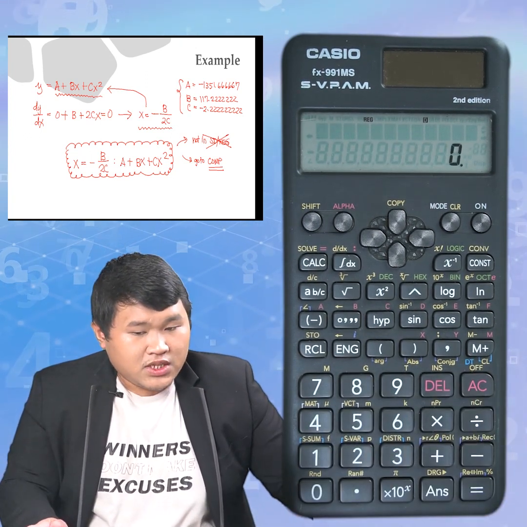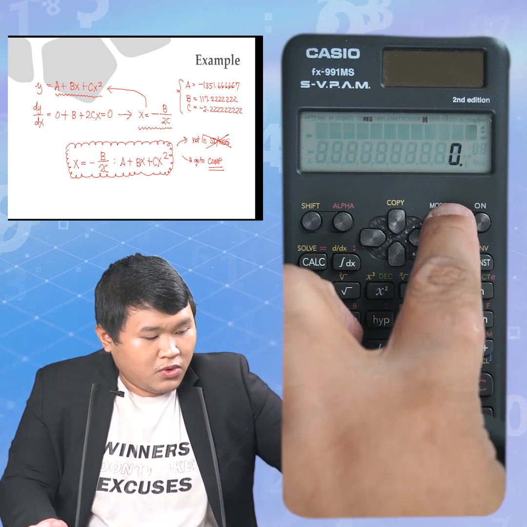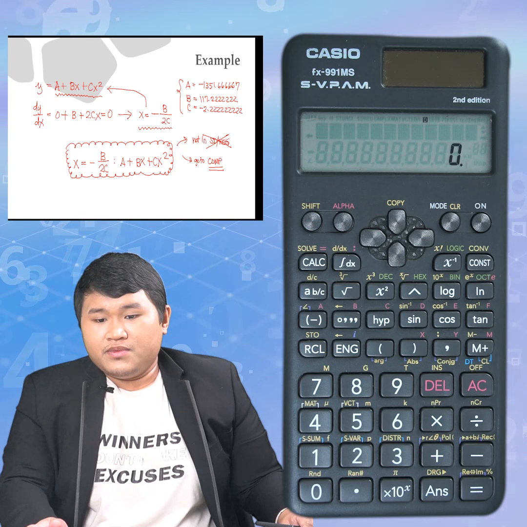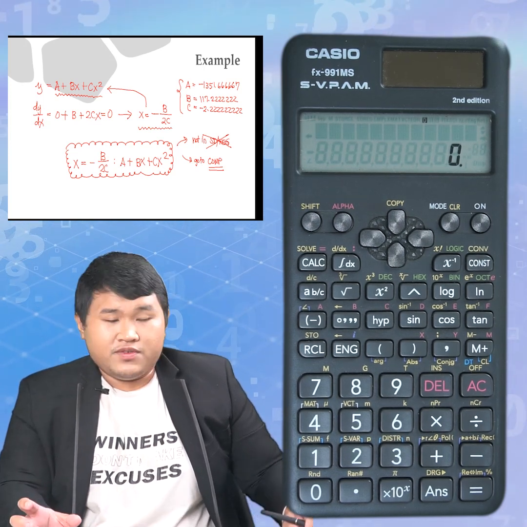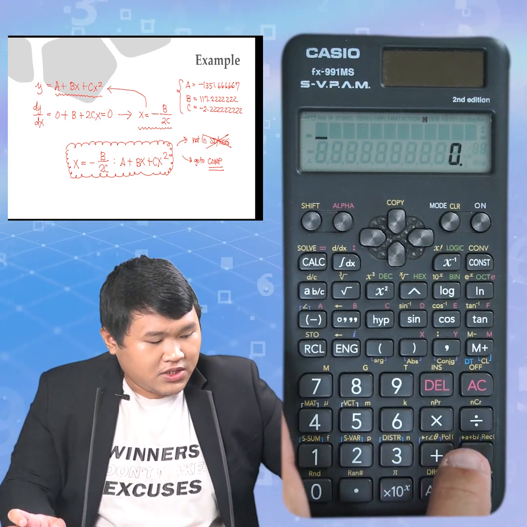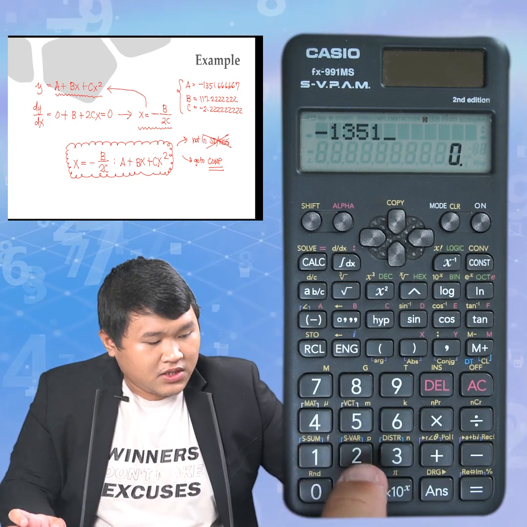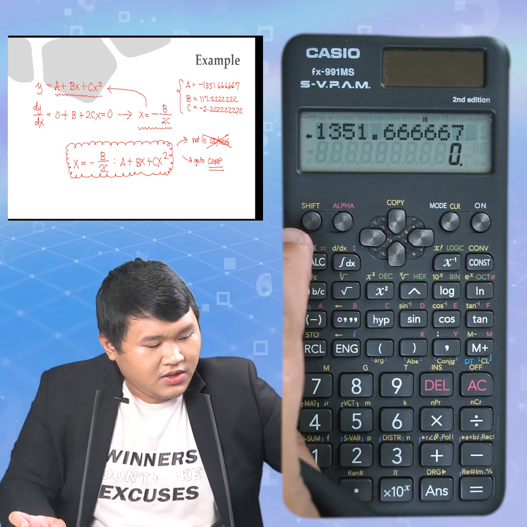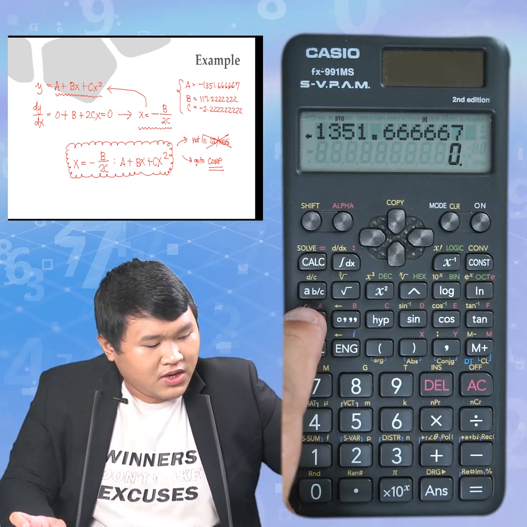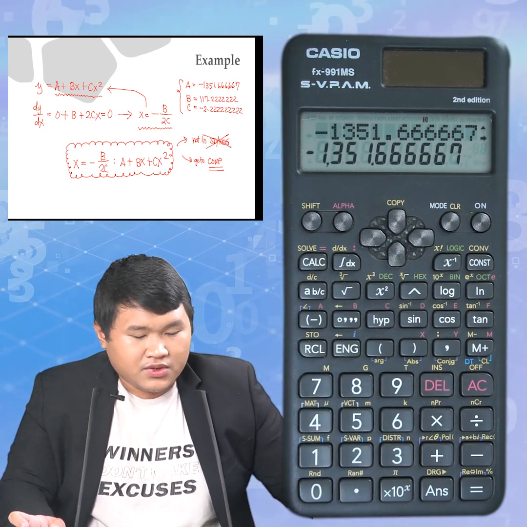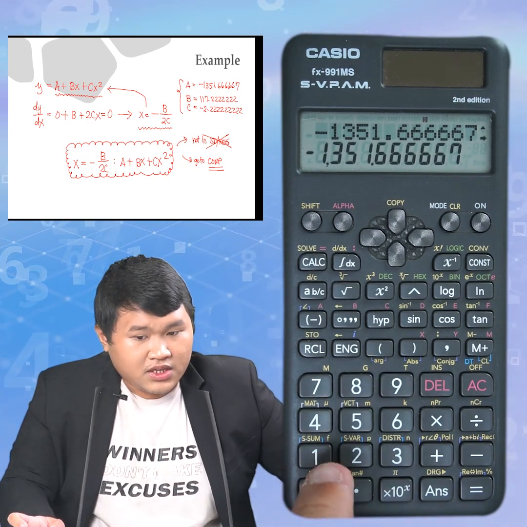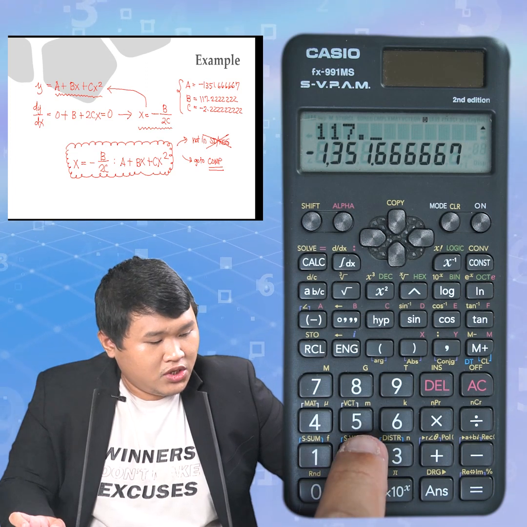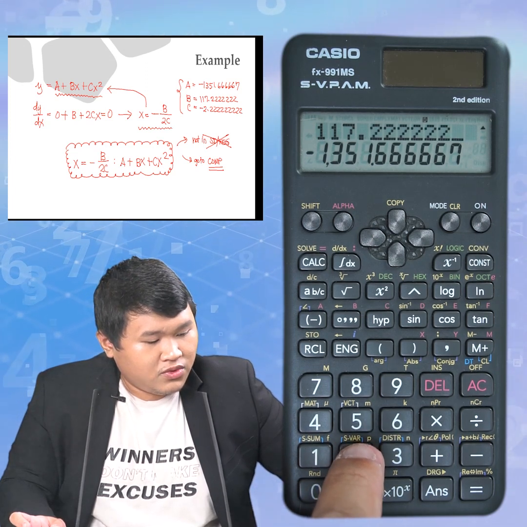So now let us go to comp mode. Press mode and then 1 for comp mode, and then store these values into the storage variables A, B, and C. Let's start with the first one: negative 1351.666667. Store it to variable A. So here we have stored it. The next is variable B: 117.222222.